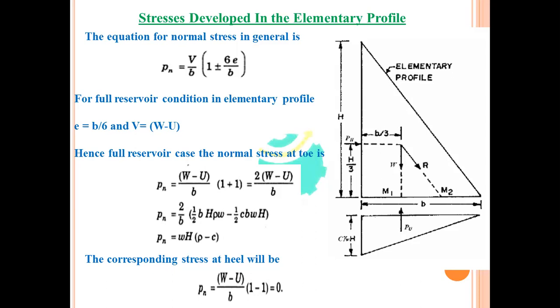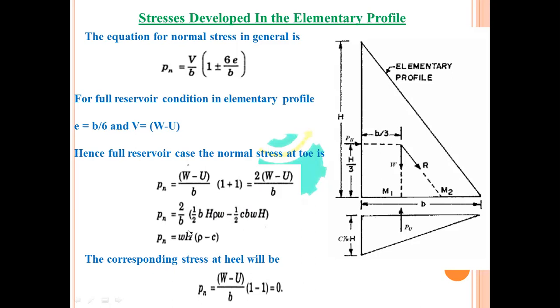Hence, full reservoir case, the normal stress at toe is V by B, that means W minus U by B, 1, the toe got a plus, E means B by 6 cancelling, so 1. So what is normal stress at toe? 2 into W minus U by B. What is the W? W is 1/2 H B rho W and U is 1/2 C B W H. By taking common, WH is cancelling.